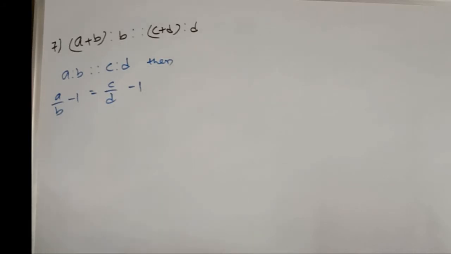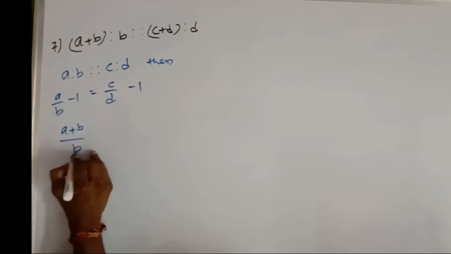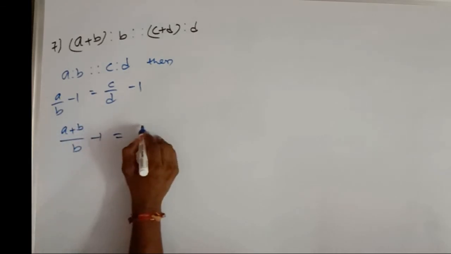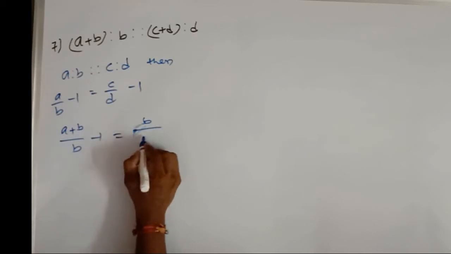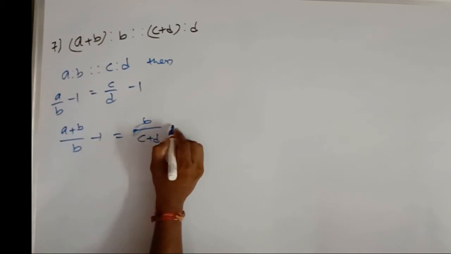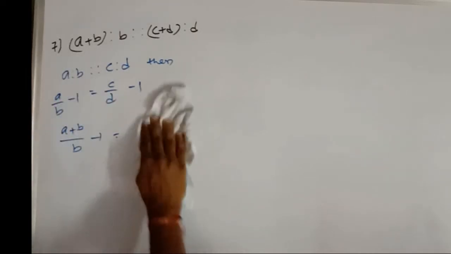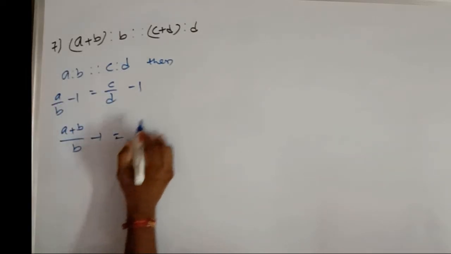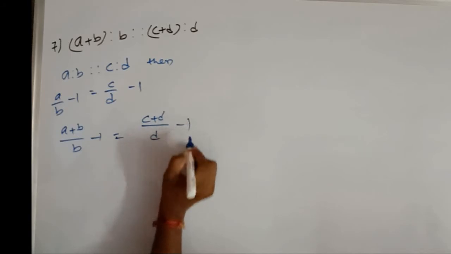So here a plus b by b minus 1 is equal to, the c value, c plus d by d minus 1.